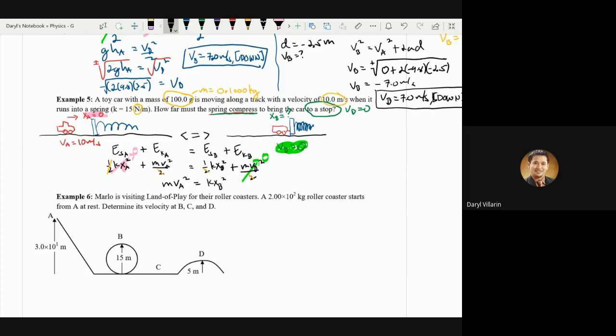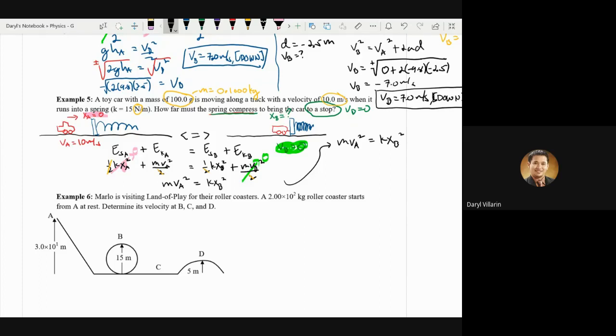This is good because the only unknown here is actually the compression. Again, we write m v_a squared is equal to k x_b squared.